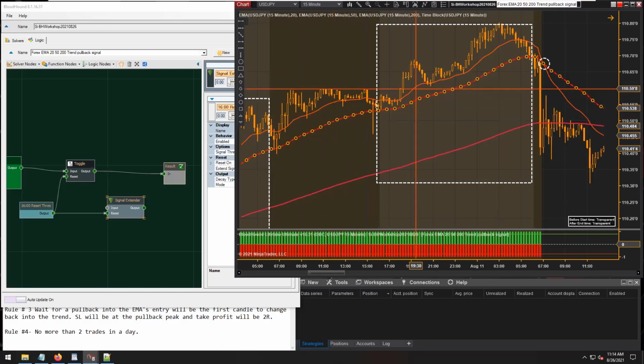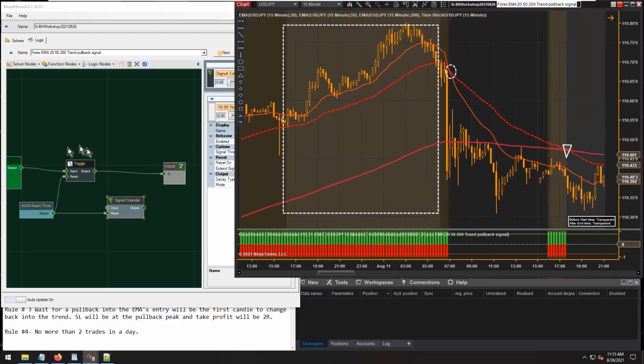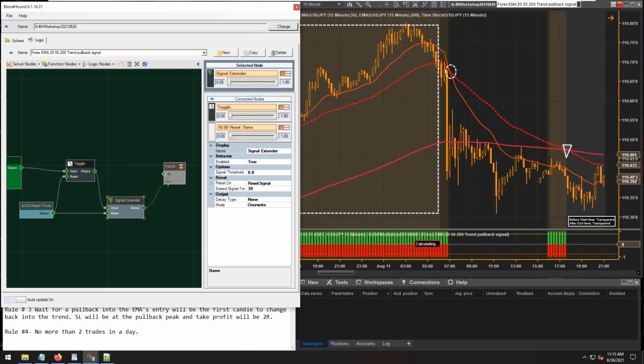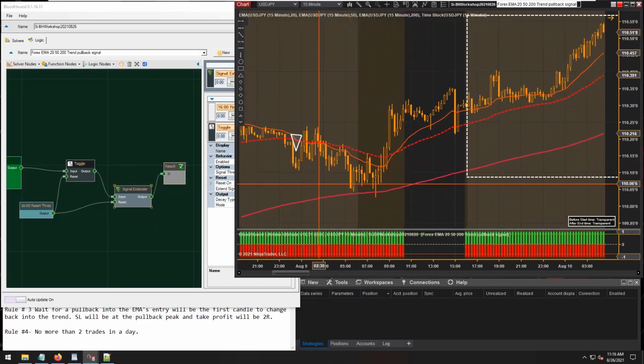But here, the crossover condition is what prevents a trade, or prevents a setup situation from occurring. So we're having to reverse these things in our mind, or at least reverse things for the logic.